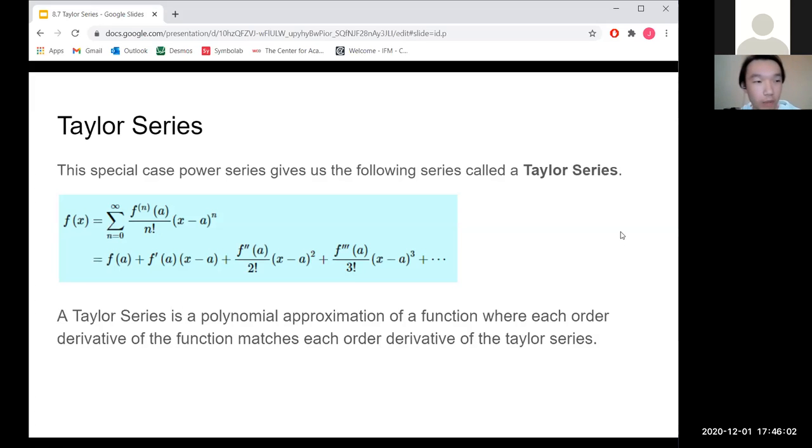Anyways, let's talk about what this series represents now. It's kind of similar to a power series, like we said. Do you guys remember how a power series represents a function?